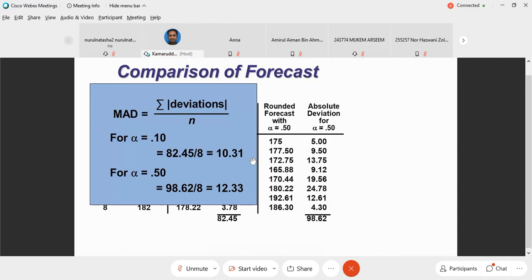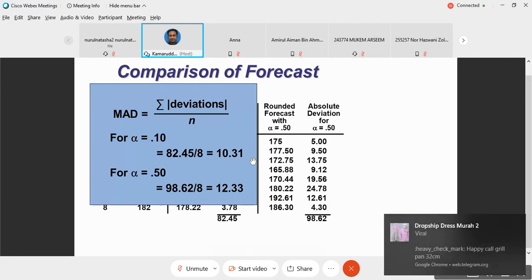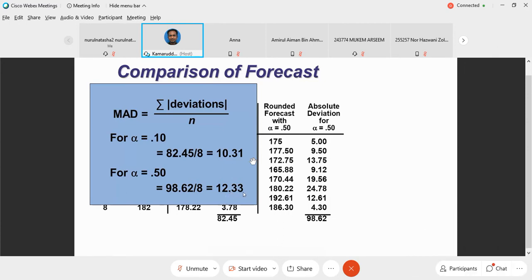For the alpha value 0.1, we have a mean absolute deviation of 10.31, and for alpha value of 0.5, we have 12.33.